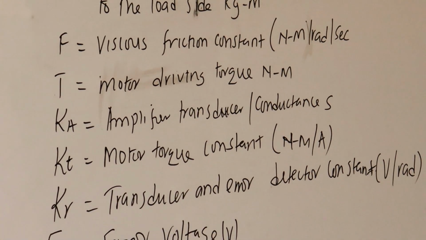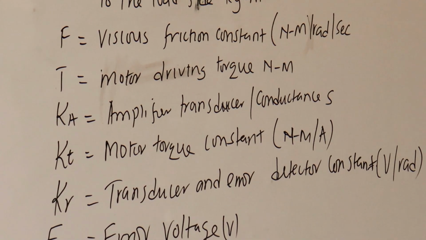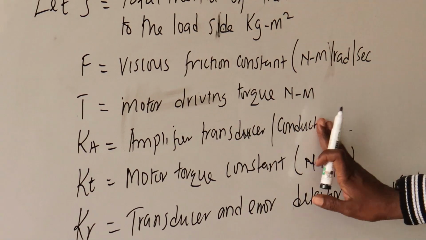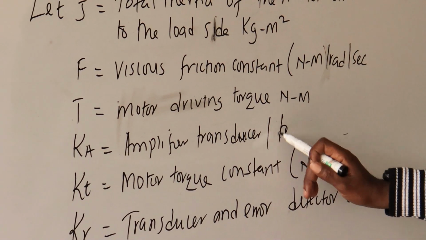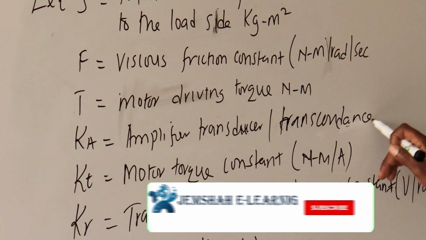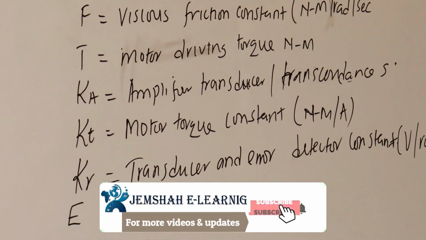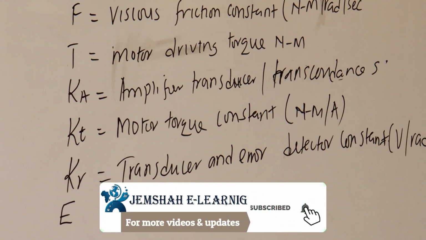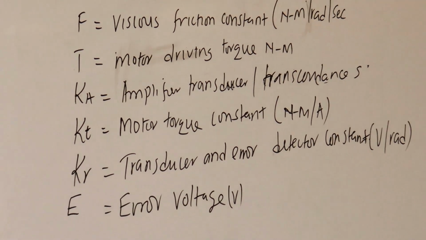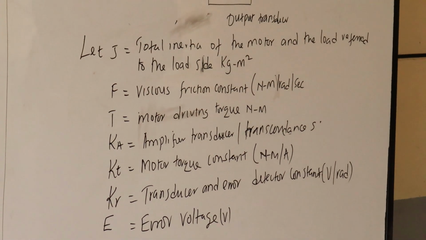Then we have Ka, which is the amplifier transconductance, in siemens. Then we have the motor torque constant, Kt. We also have the transducer and the error detector. We also have the error voltage V. Those are what we are going to use.